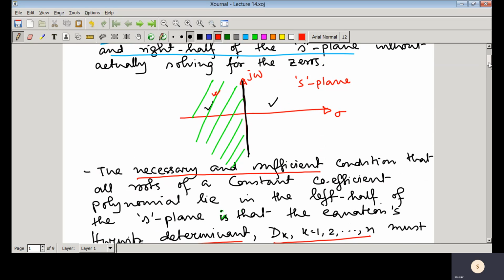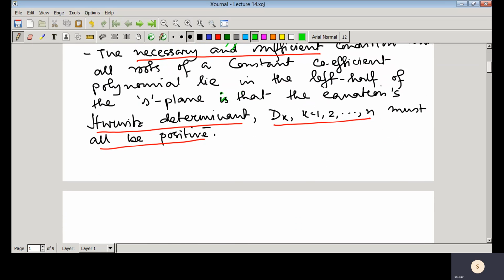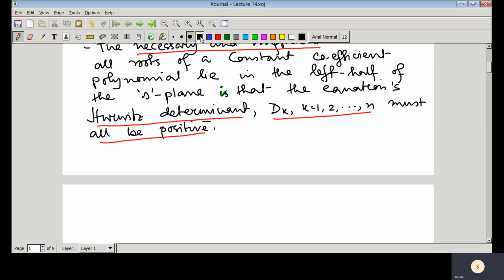For this particular polynomial, you can see the coefficients are a0, then a1, like that, up to an minus 1, and the highest coefficient, an. Using these coefficients, we can form some matrices, like d1 with an minus 1, then d2, another determinant.